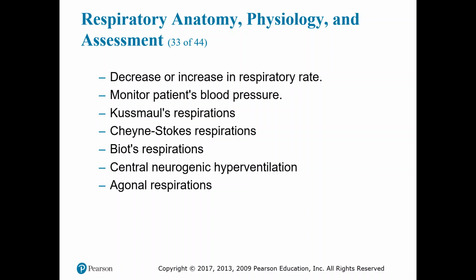Monitor the patient's blood pressure, including any differences noted during expiration versus inspiration. Patients with severe chronic obstructive pulmonary disease, or COPD, may sustain a drop in blood pressure during inspiration. This drop is due to how much pressure is being created inside the thoracic cavity, which is limiting blood flow to the heart. So see how these things are interconnected.